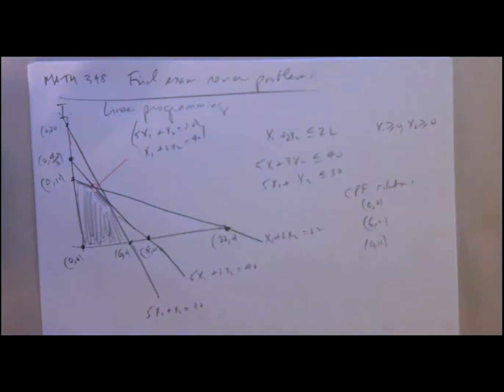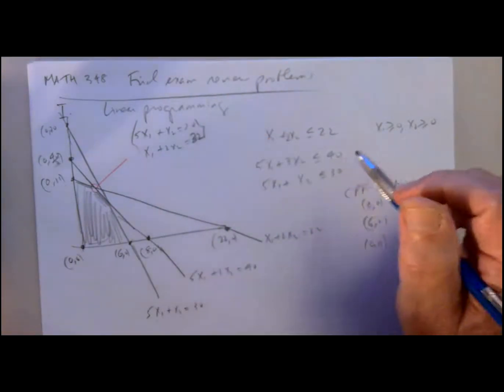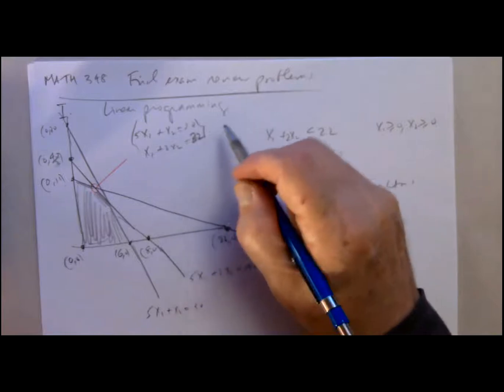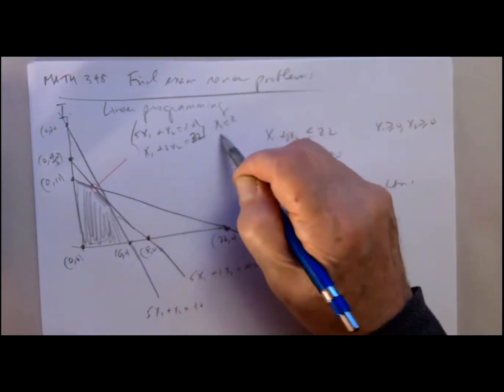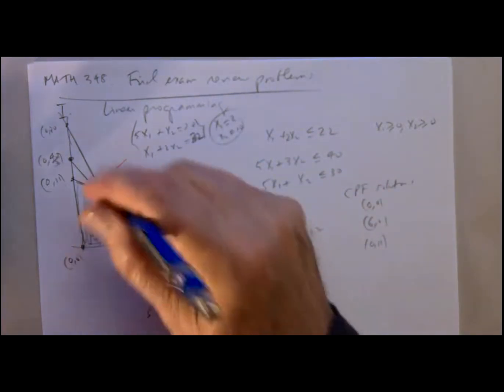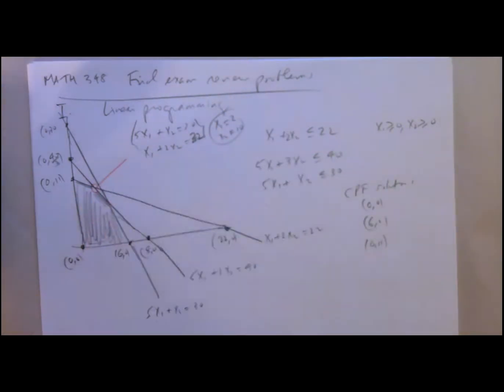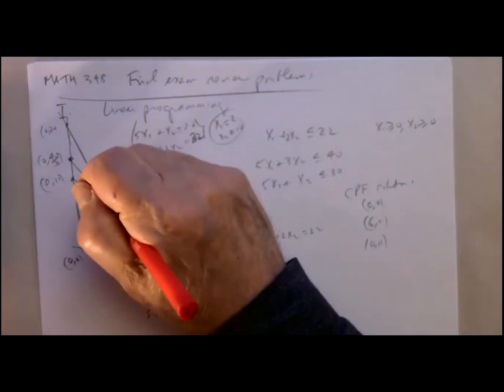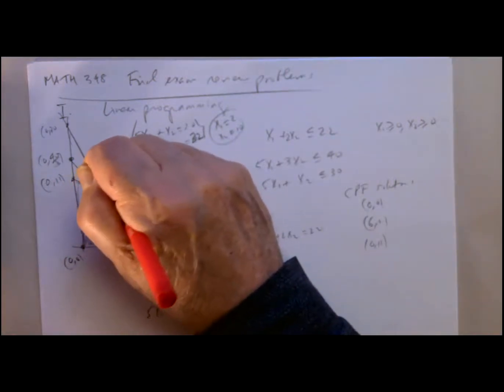If you solve those two equations, that's just a little bit of high school algebra, you get x1 is 2 and x2 is 10. So this point has coordinates, let me write it in red, (2, 10).